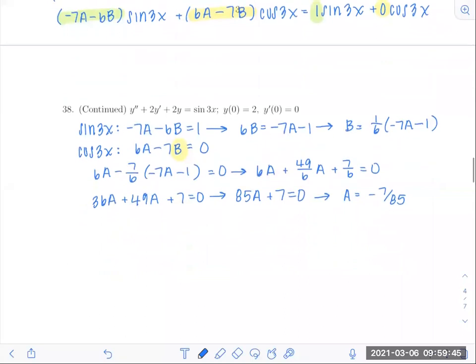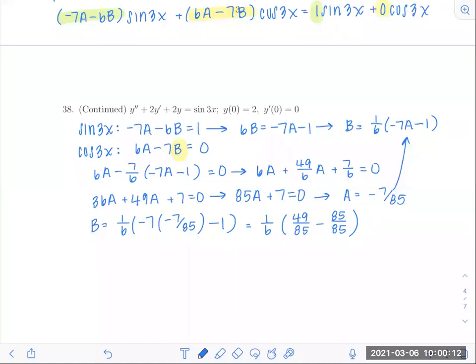And so now I'm going to plug that back into my expression for b. B equals 1/6 of negative 7 times negative 7/85 minus 1. So that's 1/6 of 49/85 minus 85/85.